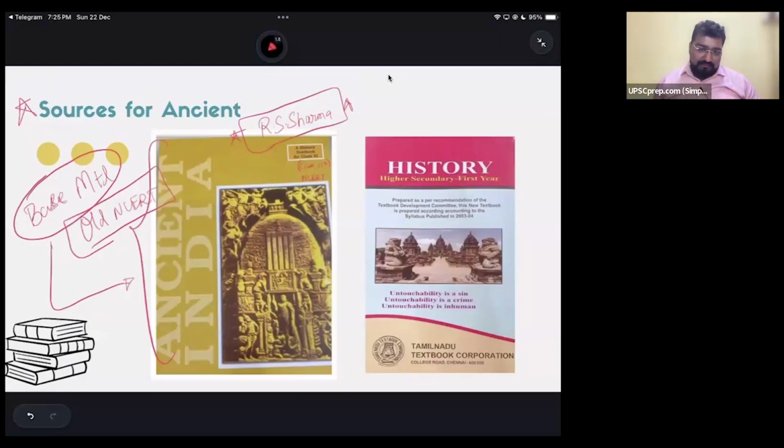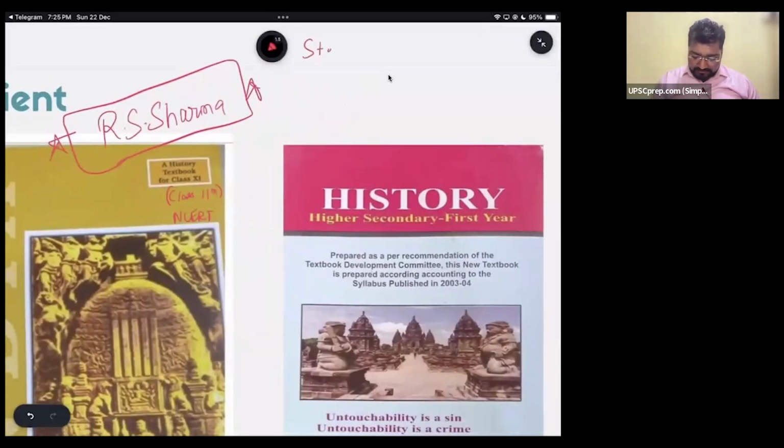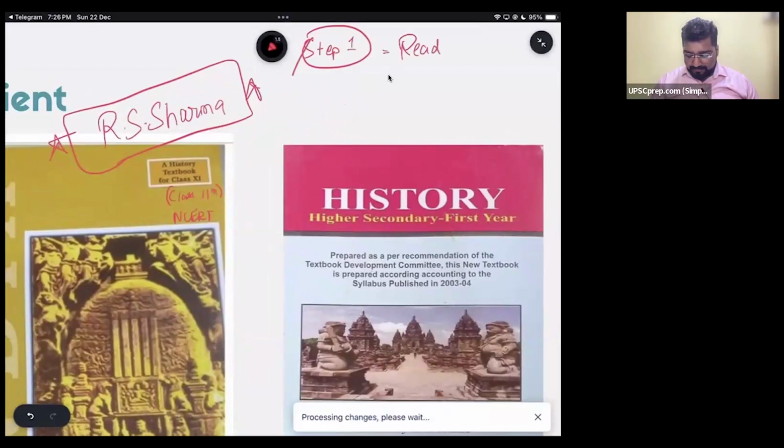Now, we'll discuss again. See, what will be the steps? Step 1 will be to read the class 11th book. Okay.